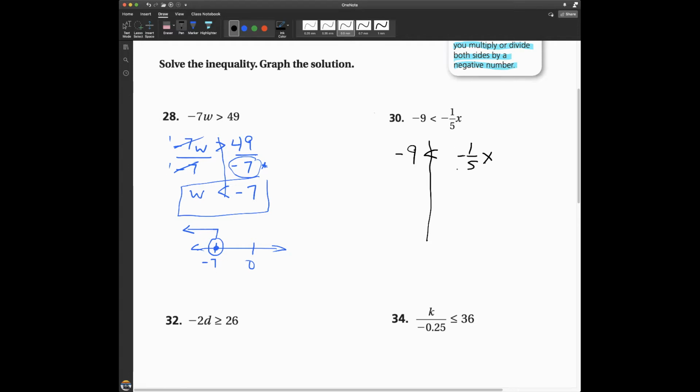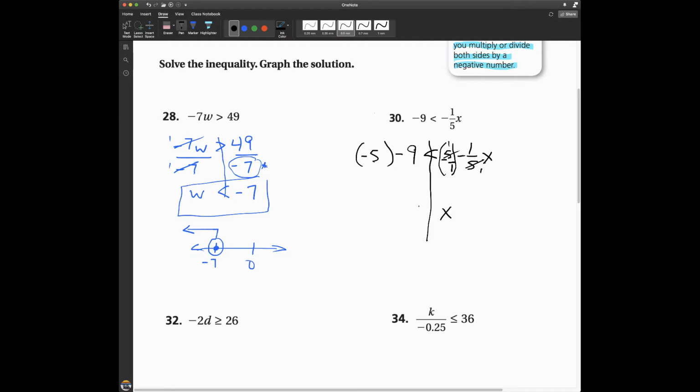If I want that fraction to go away, I need to multiply by the reciprocal of that fraction, which would be negative 5/1. Because now the 5 cancels, the negative times negative is a positive, and I'll end up with x by itself. So I need to multiply this side also by negative 5.